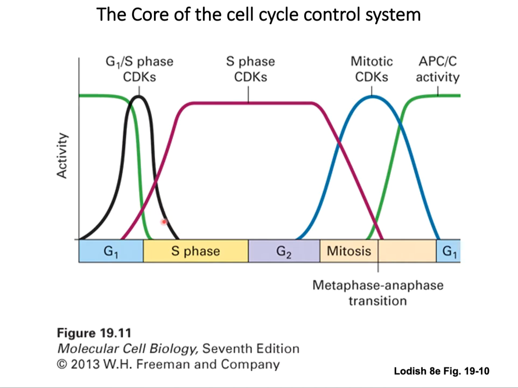So you have additional S-phase CDK cyclin dimers that are active in the S phase, shown here in the red, and their activity drops off in the late G2 or during mitosis. You have the mitotic CDK cyclins that operate during mitosis, and also shown in this slide is the activity of the APC/C, which is an ubiquitin ligase.